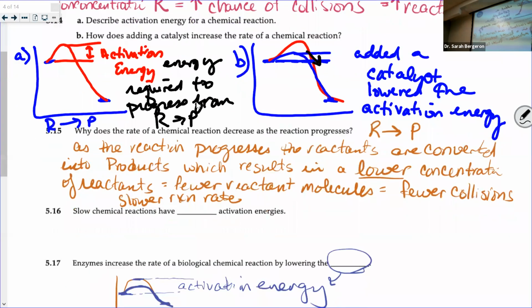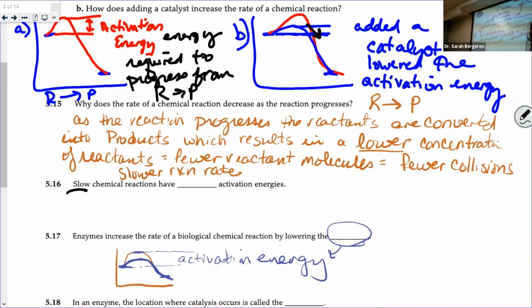Okay, so how about a slow chemical reaction? What do you think is going to be different about a slow chemical reaction? It's going to have a high activation energy. Could we draw that? What do you think that's going to look like? So we start low and we have to go high.